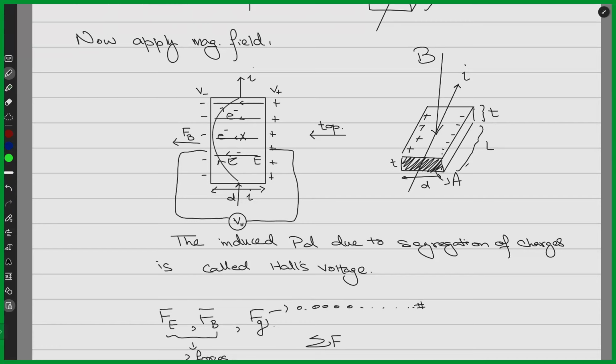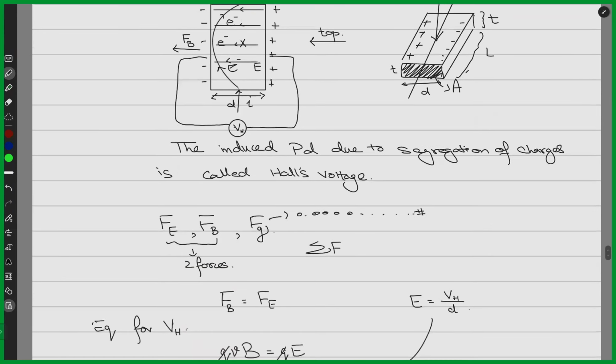This will then induce a voltage because of the difference of potentials at these two sides, and that is Hall's voltage. So it is the perpendicular component of the magnetic field that is responsible for inducing the Hall's voltage.